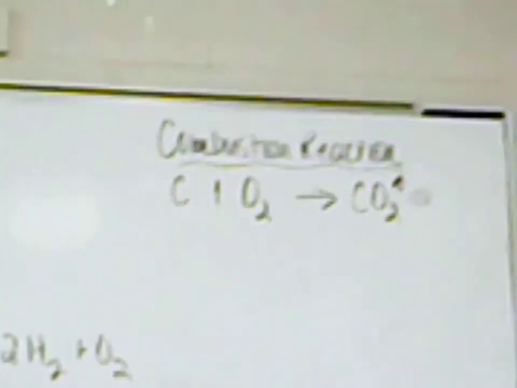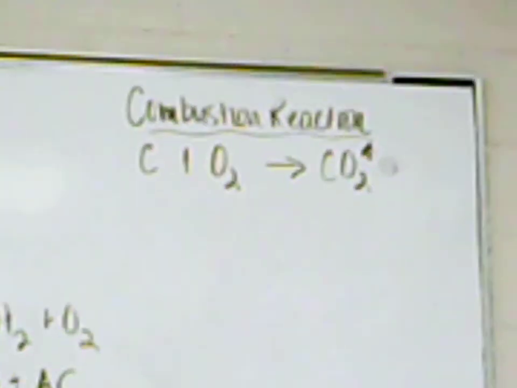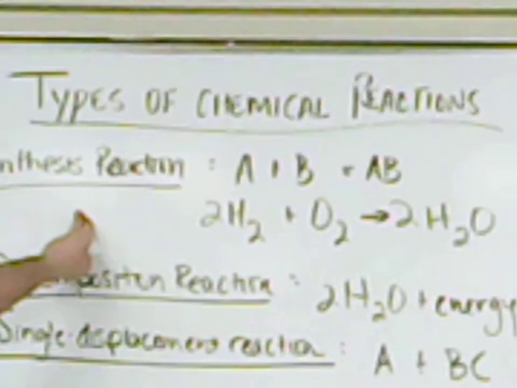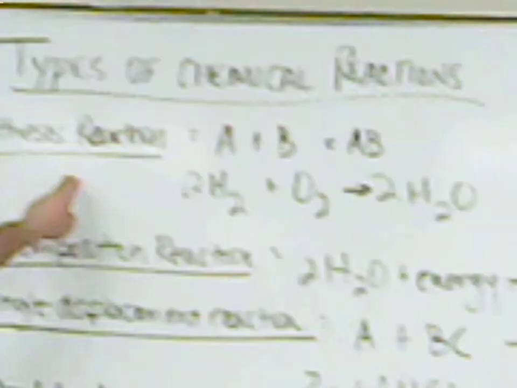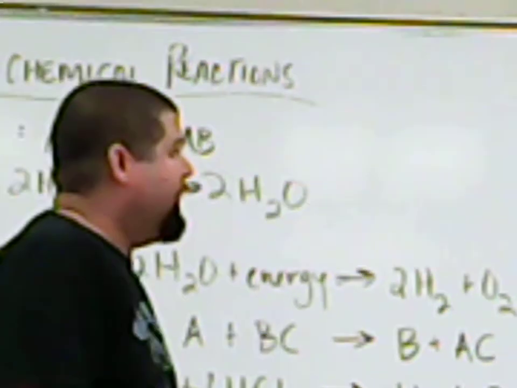Now, the reason I said there are only 4 types of reactions is because really, if you look at this combustion reaction, and you look over here at a synthesis reaction, a combustion reaction is simply a synthesis reaction. It just releases more energy in a different way. And so there you have it. You have your 4 main types of reactions.